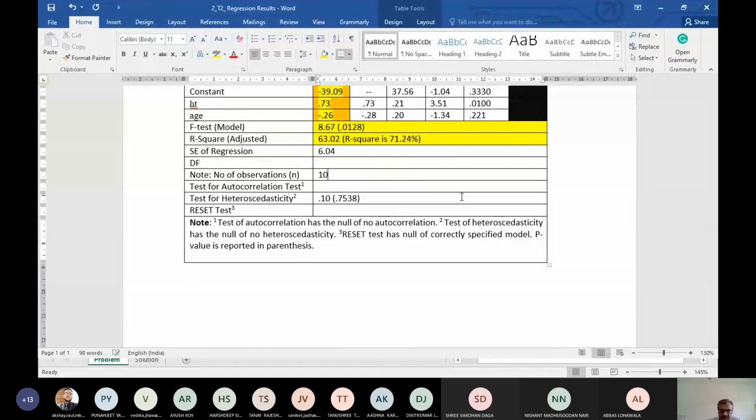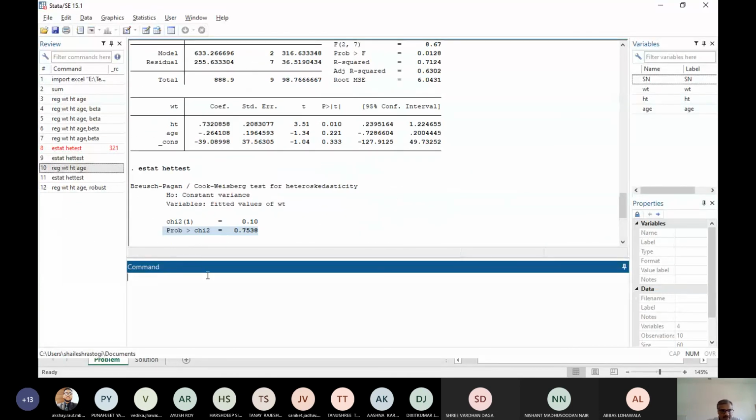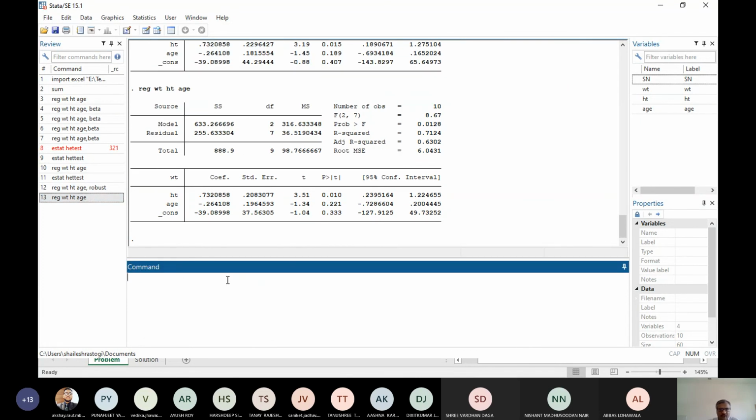For degree of freedom, calculate without robust. The ANOVA table doesn't come here. Look at this normal regression analysis; please pay attention. You have to find out where the degree of freedom is. So this 7 is the degree of freedom in this case.